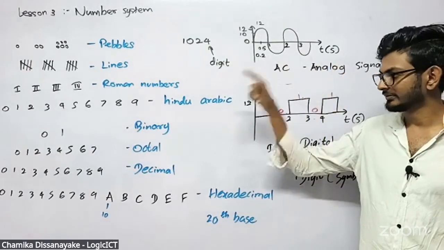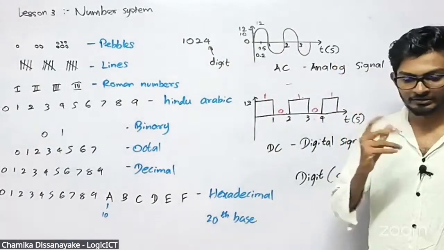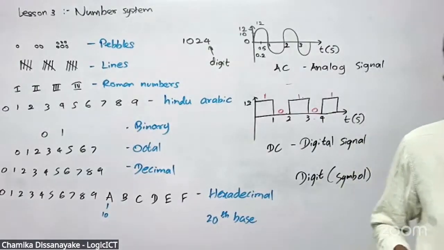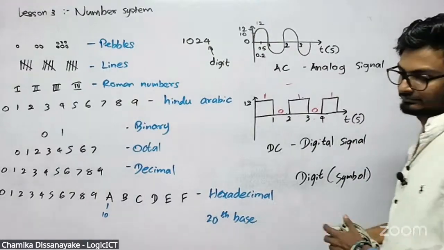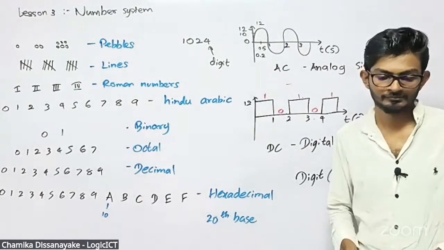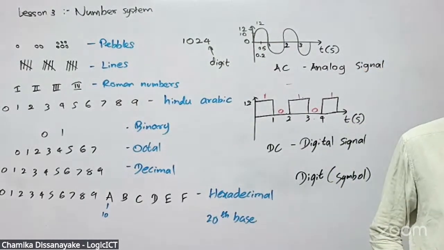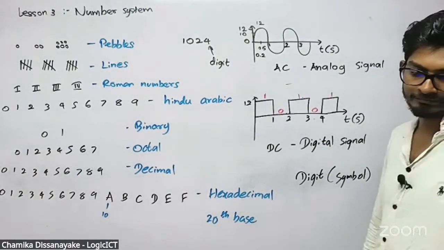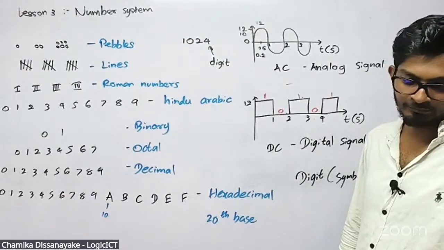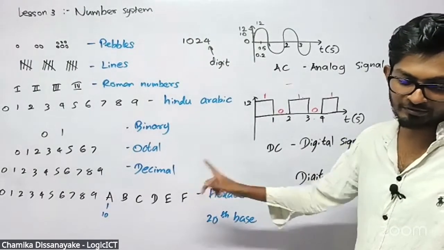Okay, guys. The others, just write these four and raise your hand. Just write binary, octal, decimal, and hexadecimal.